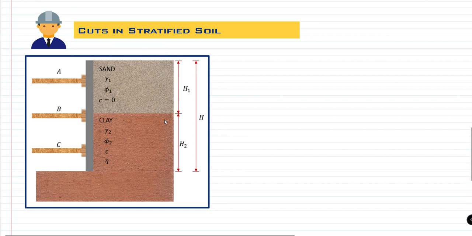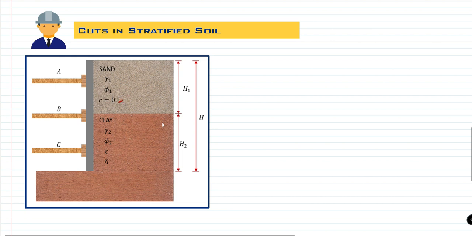Ino-overlay niya yung clay na nasa ilalim. Then, yung sand natin, meron niyang unit weight which is gamma 1. Meron rin niyang sariling angle of internal friction which is phi sub 1. The difference is such that yung part natin ng sand is cohesionless.